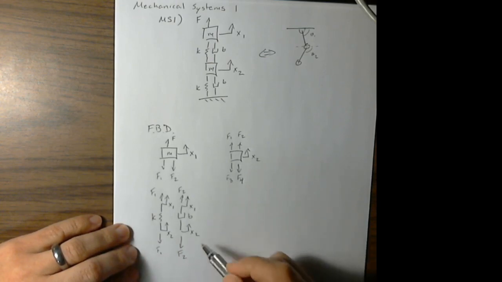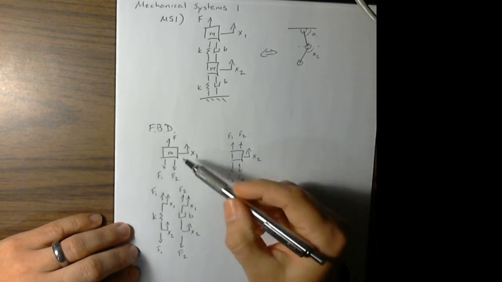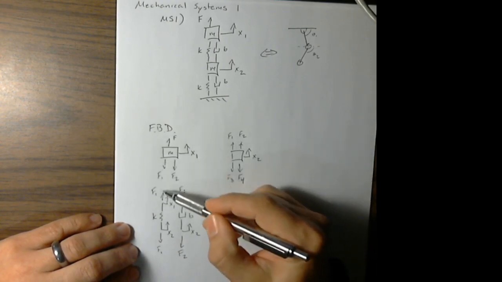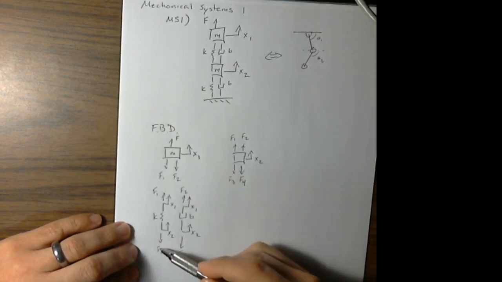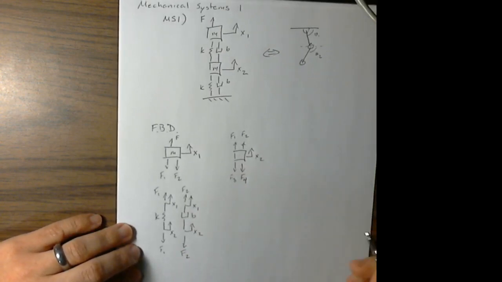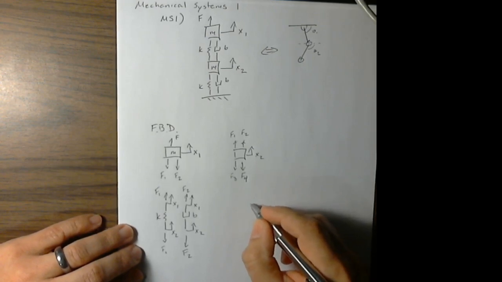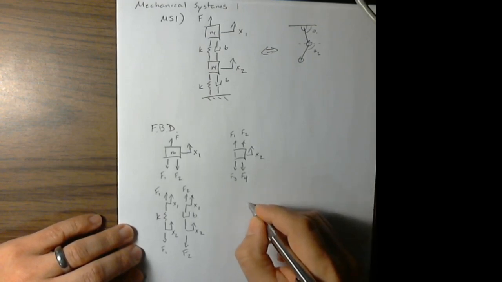There we go, like this. All right, so just to double check and make sure I've got my signs correct. F1 opposite, yep. F1 opposite, F2 opposite. Okay, life is good.